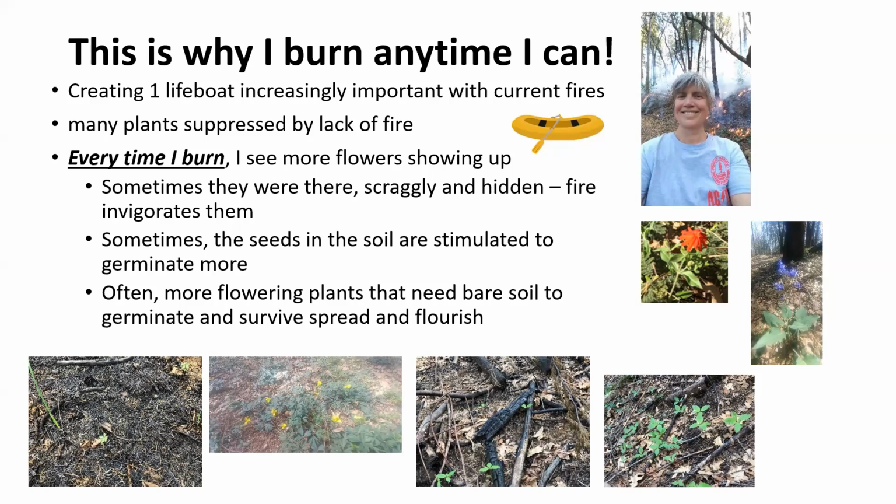So if I can create one lifeboat by burning any season I can in a tiny little area, I'm not too worried about the impact of my tiny little area on what's going on right now in the spring. What I'm really hoping is that my little lifeboat will make a huge difference if and when that fire comes.